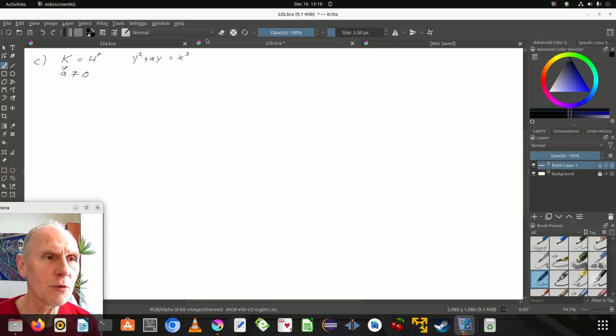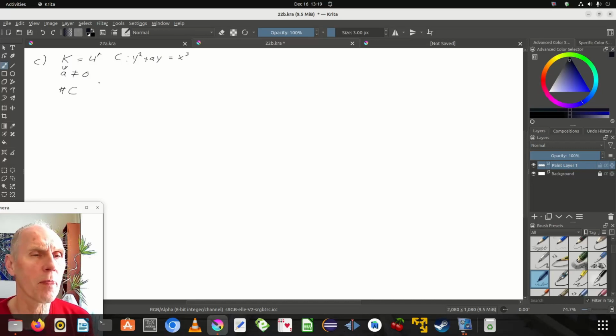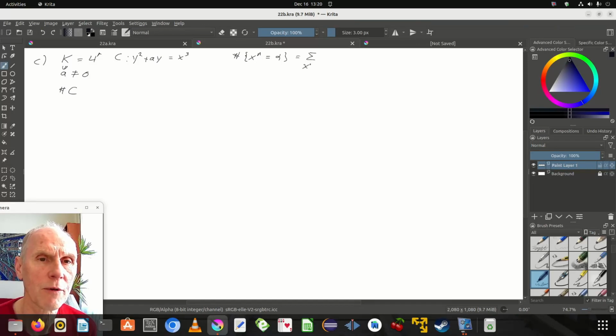All right, let's do as we have done with the others. So this is the curve C and the number of points in C. We are going to use the usual formula, where we sum over characters of order n.